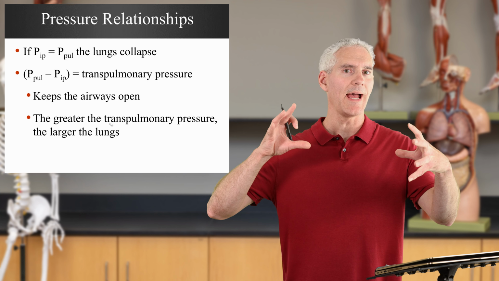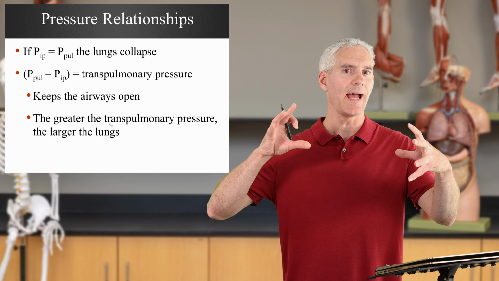So from a visual standpoint, here's what we're looking at. Now I'm going to throw this up full screen just so you can see the different pieces and nuances. First off, we have the intra-alveolar pressure, or the intrapulmonary pressure. Notice that intrapulmonary pressure is 760 millimeters of mercury. Think atmospheric at sea level. Then you have what's referred to as the intrapleural pressure, which is 756 millimeters of mercury.